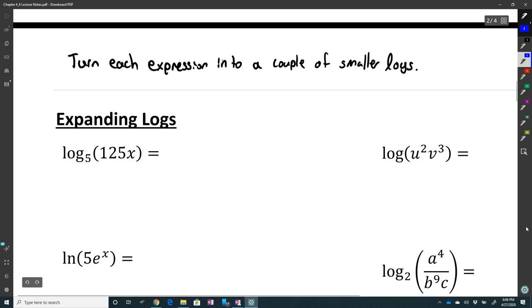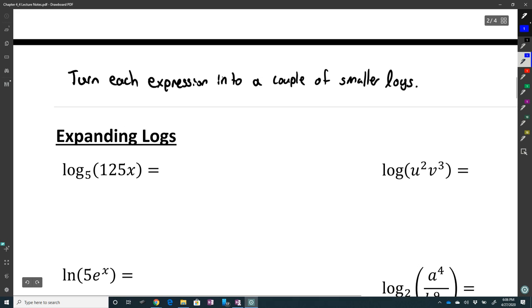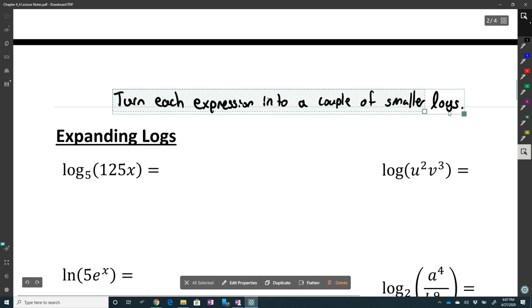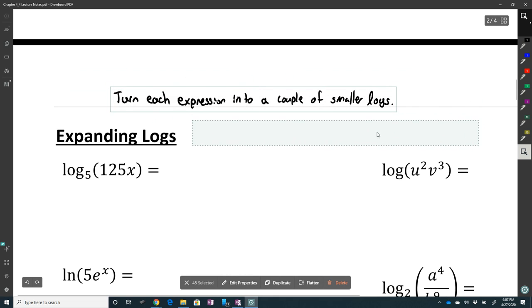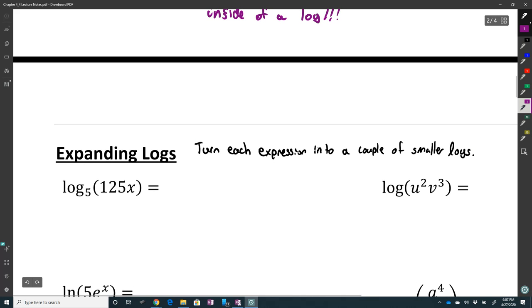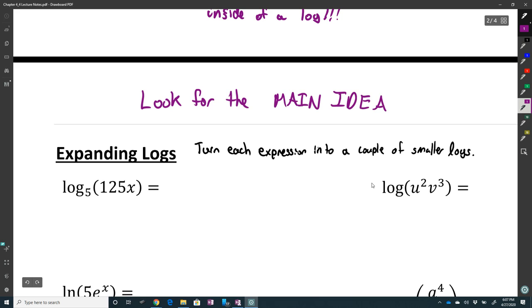So here's our first example. The main thing here is we need to look for the main idea inside the log.